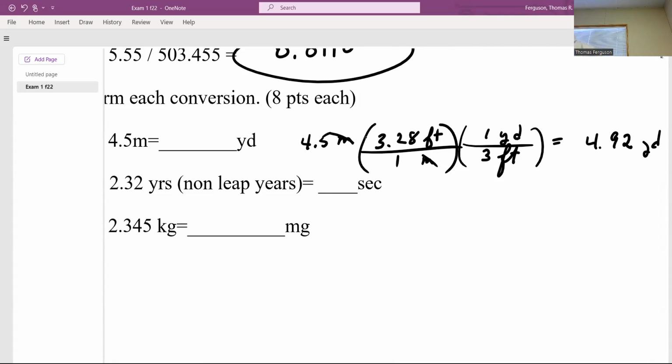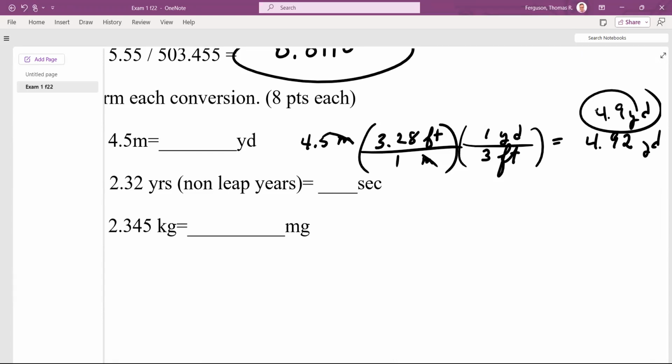Got the correct answer? What's wrong with it? Sig figs, yeah. So it should be 4.9. So this is worth 7 points. 1 point. You got the number right, you got the unit right, and you got the sig figs right.